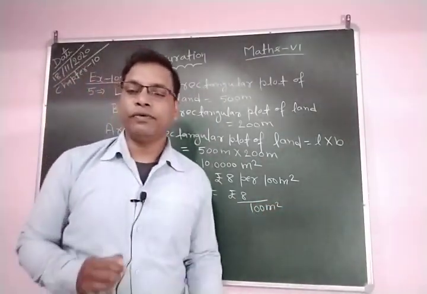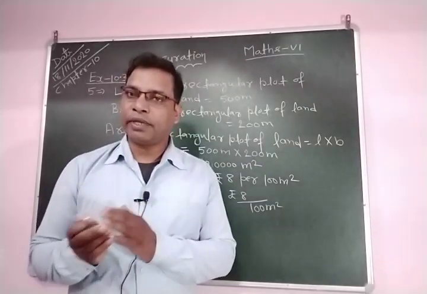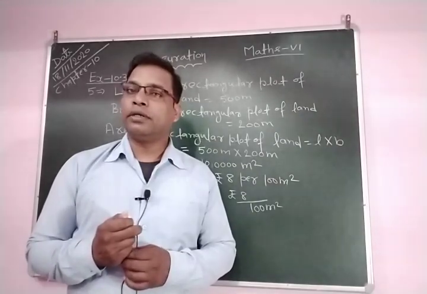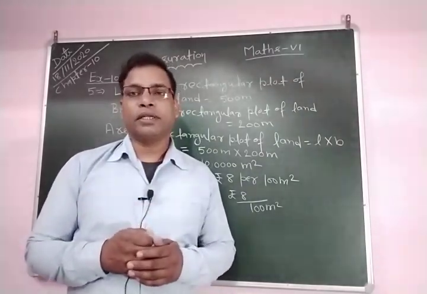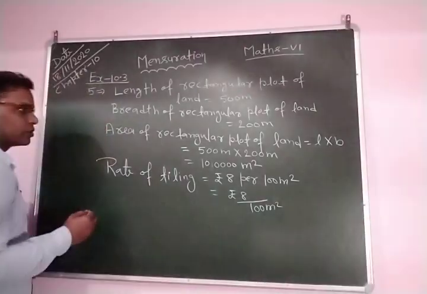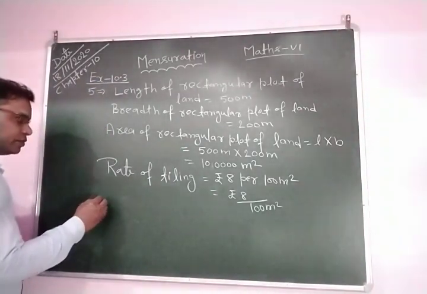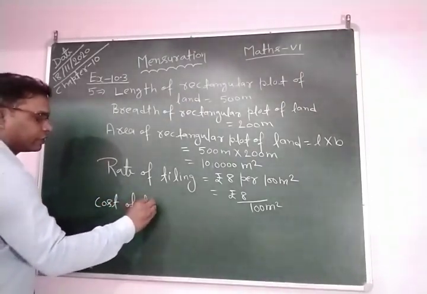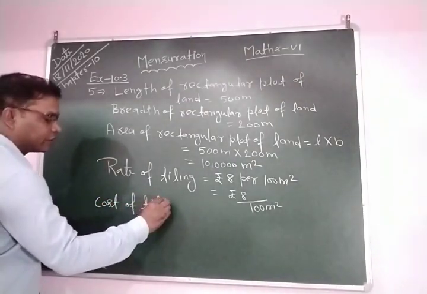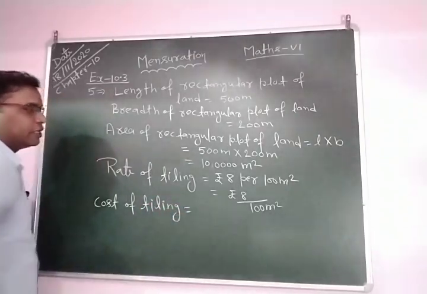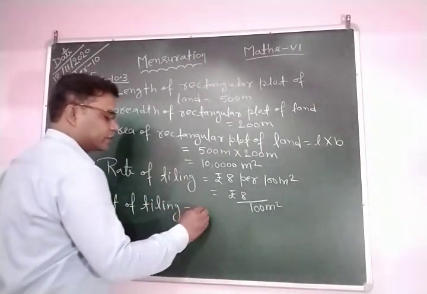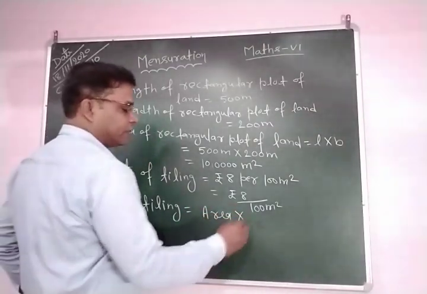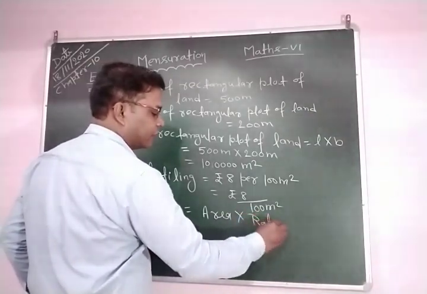We need to find the cost of tiling. If you multiply the rate of tiling into the total area of the plot of land, then you obtain the cost of tiling. So the cost of tiling of a rectangular plot of land is equal to area into rate of tiling.